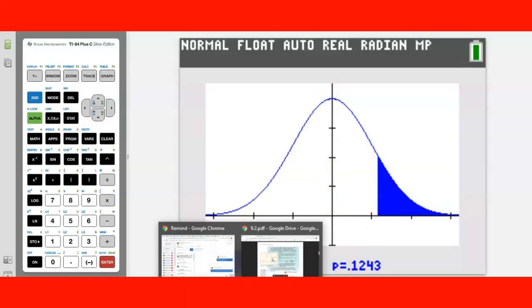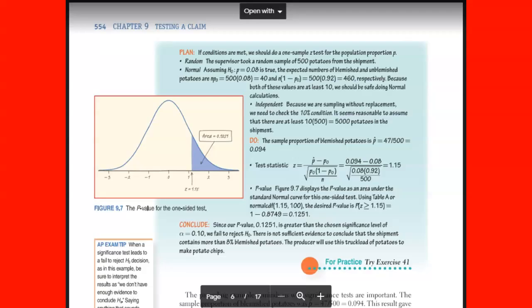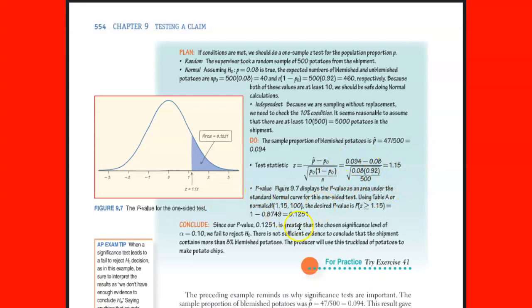Go back to the book. Notice, by calculating the test statistic and looking on table A, Darren found about the same p-value that we got, 12.5%. So here's what we do. We say, wait a second. That p is not low compared to alpha.